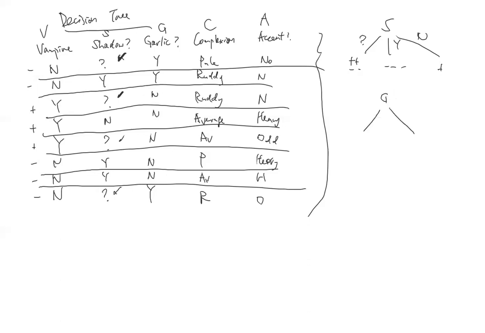Garlic has a yes and no. Wait, I only have three data points here. Yeah, all of them are not vampires. And then I have those afraid of garlic and not afraid of garlic. Some of them are vampires, some are not.